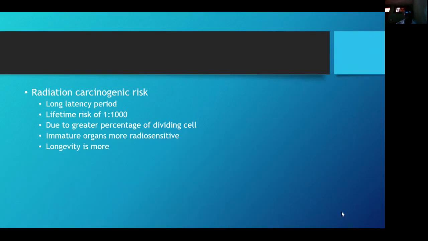Another thing is that their immature organs are more radiosensitive. So these all will make us look at exposing them to the risk of carcinogenesis. We'll think about it twice before we go ahead and expose them to a CT scan. However, if there is no choice, one may have to go ahead and do a CT scan.